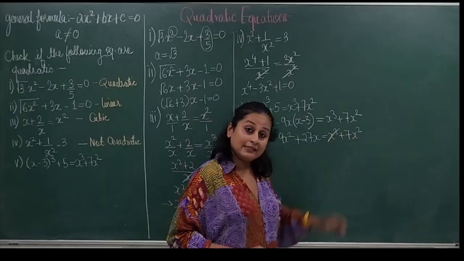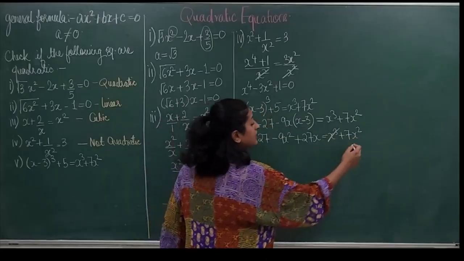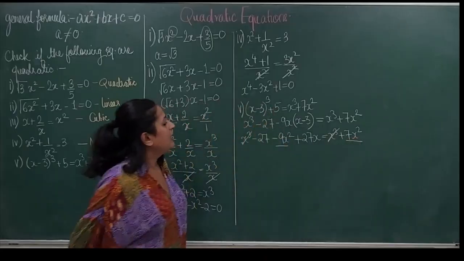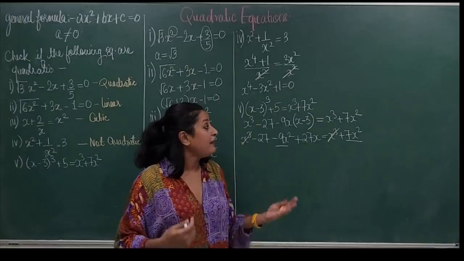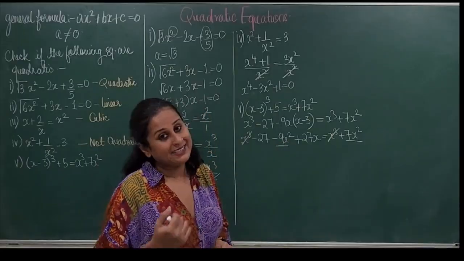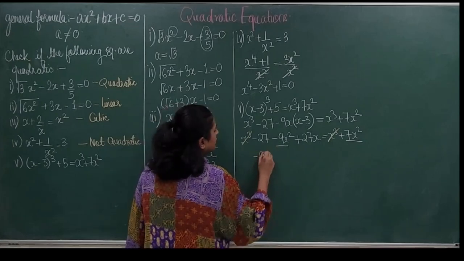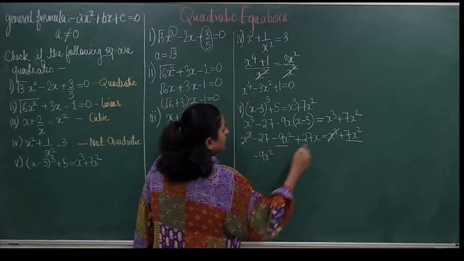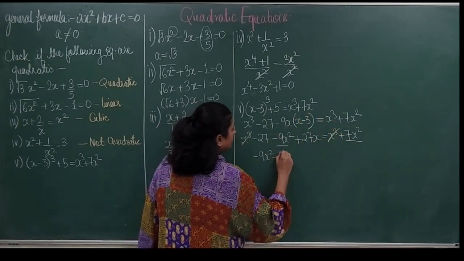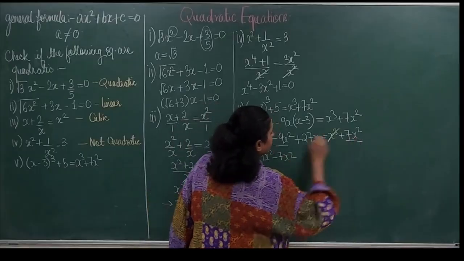So let us standardize this equation. What are the like terms? 7x square and minus 9x square are like. They have the same powers of x, that is x square. So let us bring them all together. So minus 9x square. Bring this on the left hand side, so it becomes minus 7x square. I have used these two.